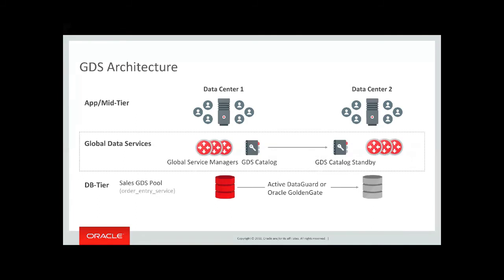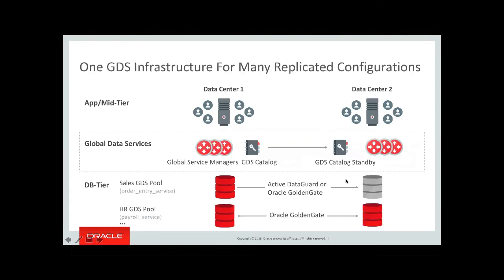And if you want to have multiple pools of databases supported with a single GDS infrastructure, we also recommend that you have at least 3 GSMs in each data center. So as I said, you could add 20 such database pools to the GDS infrastructure, and then they all can be managed by this set of GSMs and the catalog.